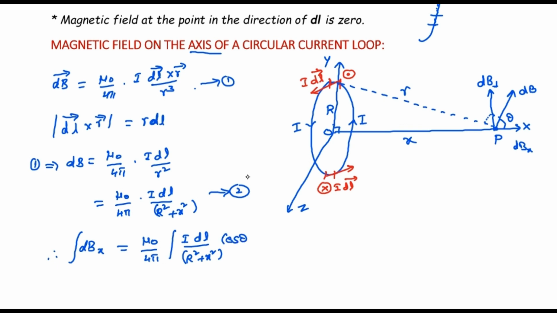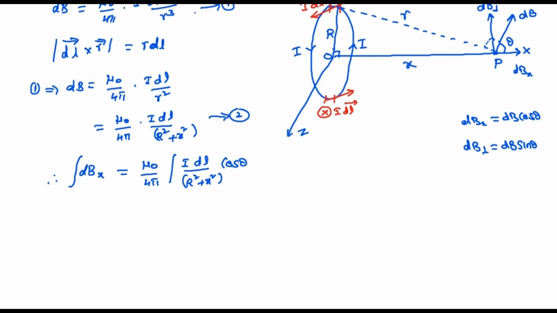This is because dBx is equal to dB cos theta by resolving, and dB perpendicular is nothing but dB sin theta. This cos theta I am writing here, that is equal to mu naught divided by 4 pi.